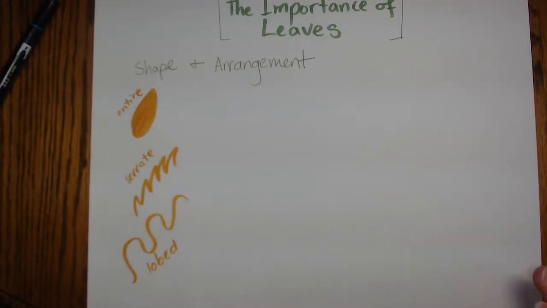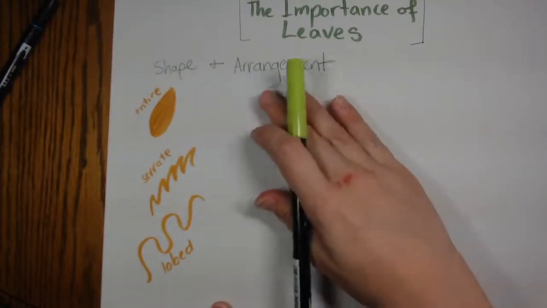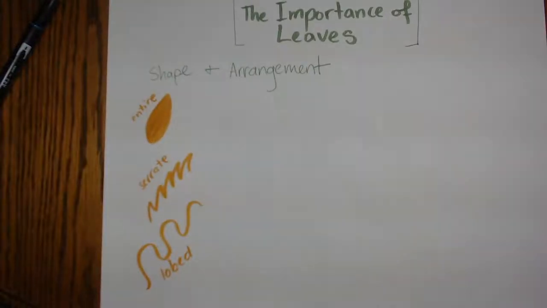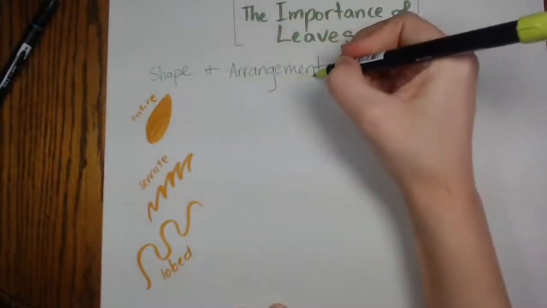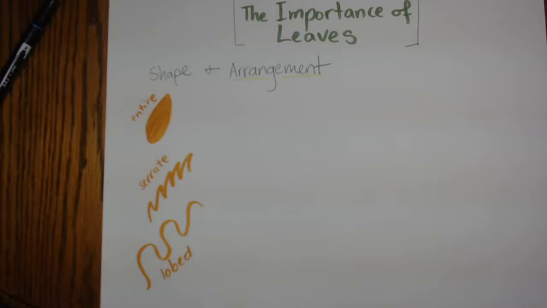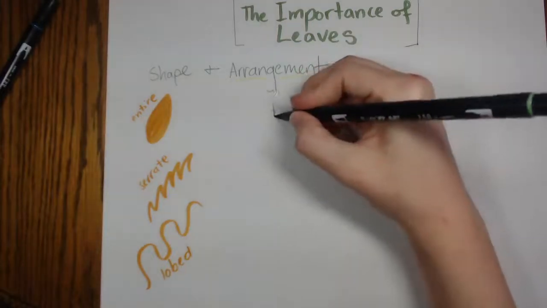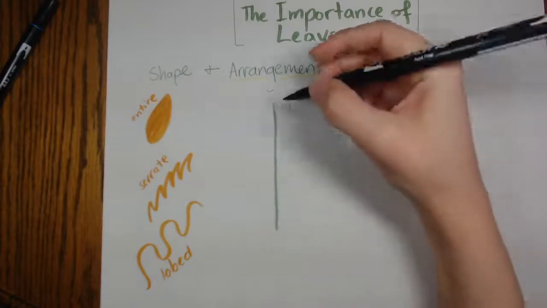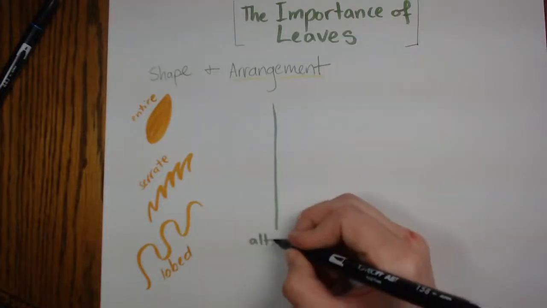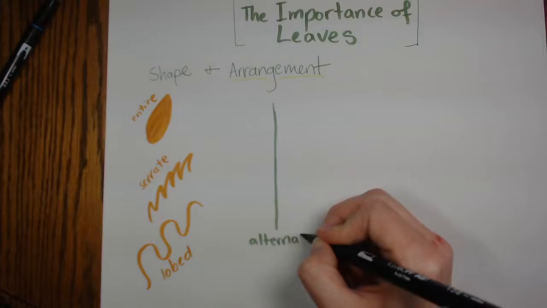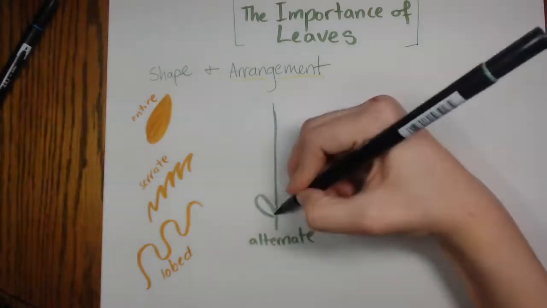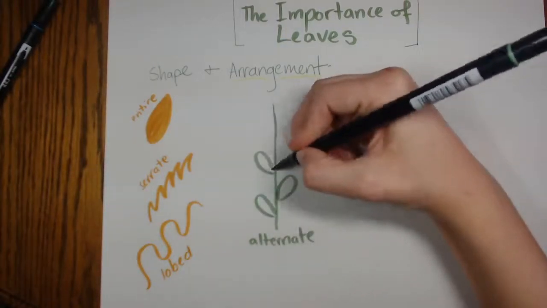But besides those shapes, actually the leaf arrangement is incredibly important. There are 4 main arrangements to look for: alternate, opposite, whorled, and basal leaves. Most commonly, leaves are either alternate or opposite. In an alternate arrangement, the leaves will be staggered along the stem on each side of the plant, so there are no 2 leaves growing from the same point.